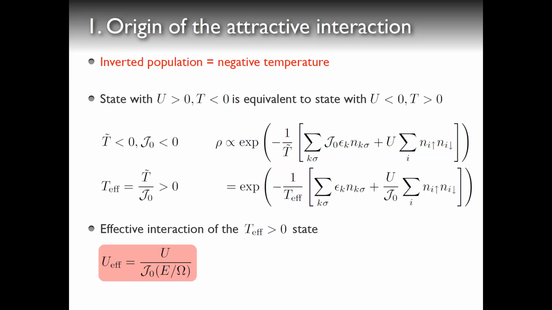And what we can do is we can pull out this negative Bessel factor to get the positive effective temperature, but then we have to divide the interaction by this negative Bessel factor, and that gives us this effective negative interaction, which leads to the enhancement of the double occupation and potentially to the emergence of a superconducting state. So that's one small but interesting example which shows how non-equilibrium driving can potentially induce interesting phases.